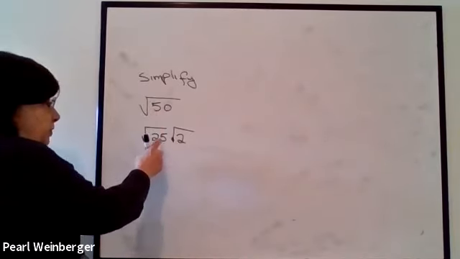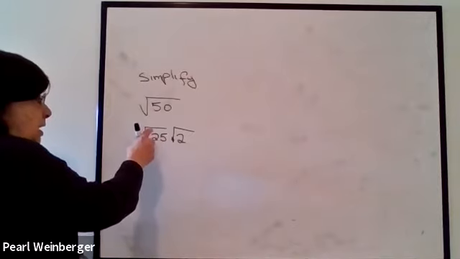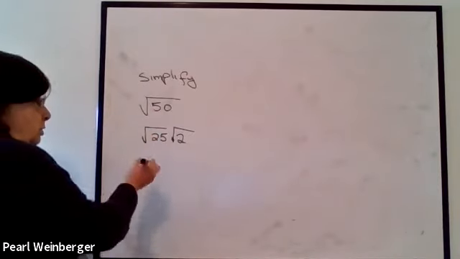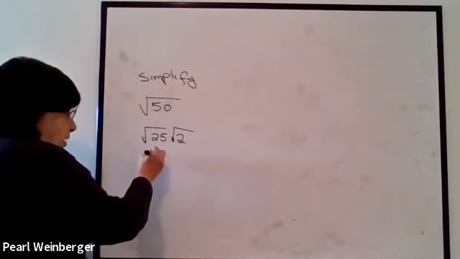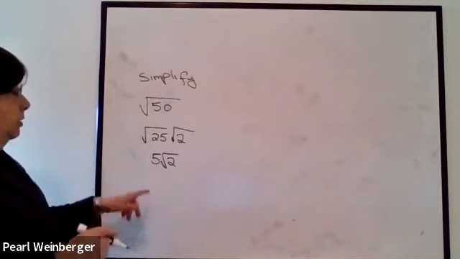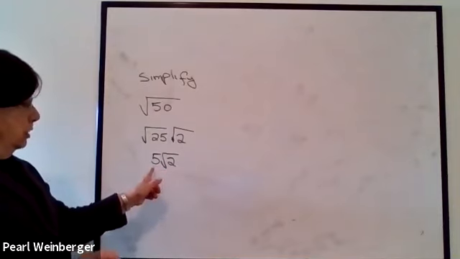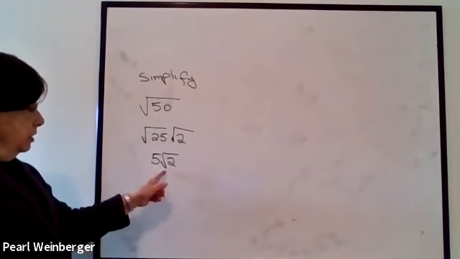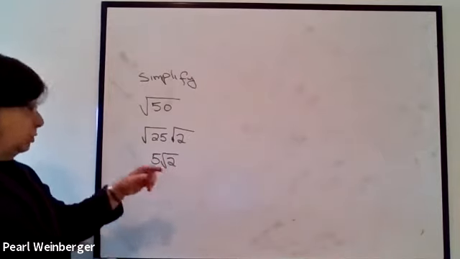Notice I put the perfect square number first. I now can take the square root of 25 and I get 5. And inside my radical, I get 2. This is read 5 times radical 2, or just 5 radical 2, or 5 square root of 2.